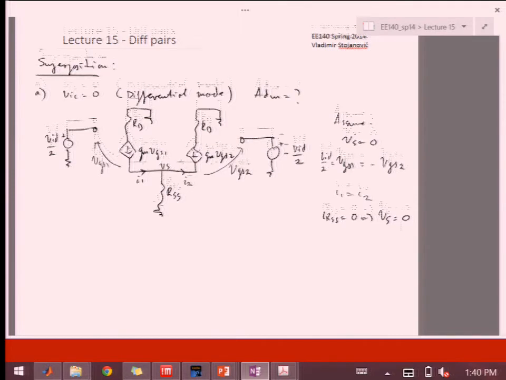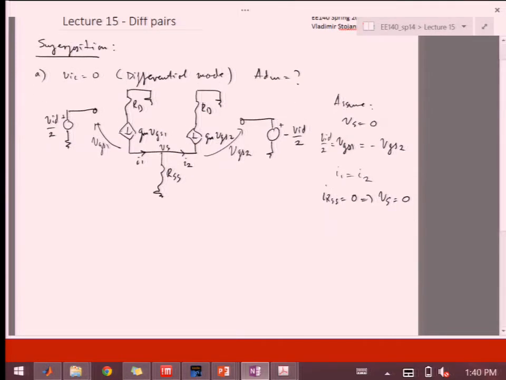So if Vs is 0, for all intents and purposes, when I'm analyzing this, I could ground this point.